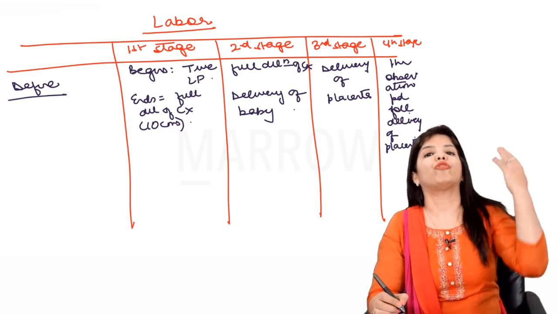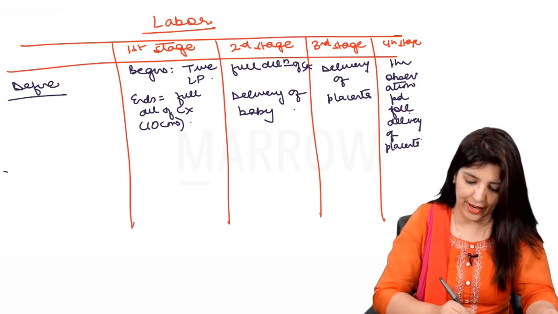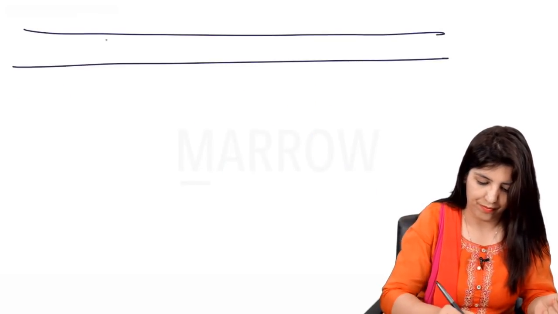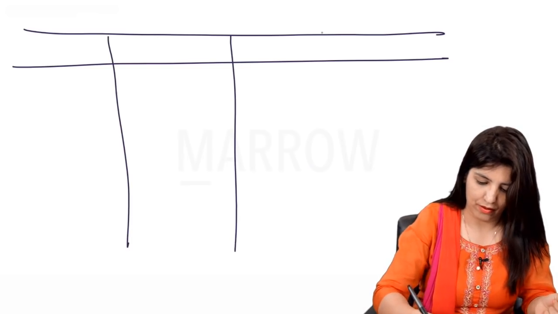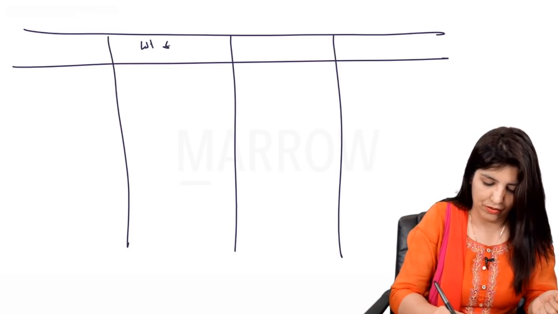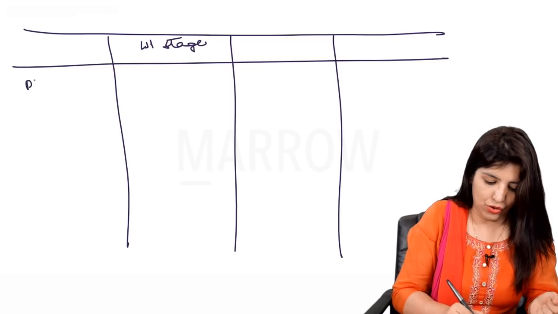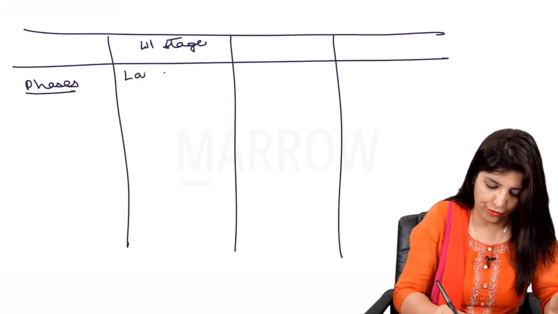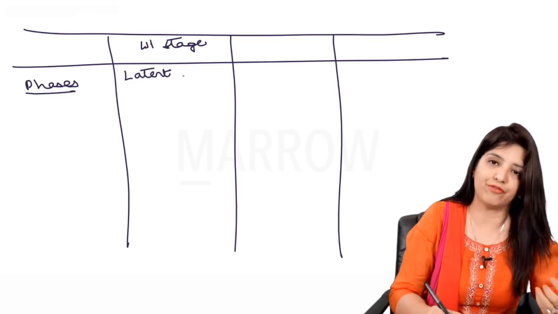Now, the first stage of labor is further divided into 2 phases. So you continue your table. I'm going to the next slide. Right? So the first stage of labor has 2 phases. There is a latent phase and we have the active phase.